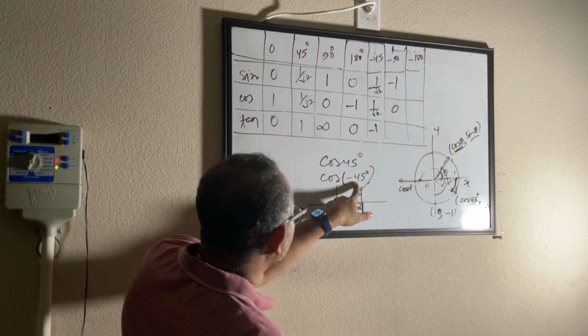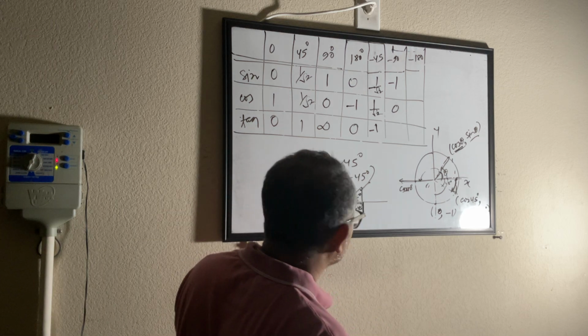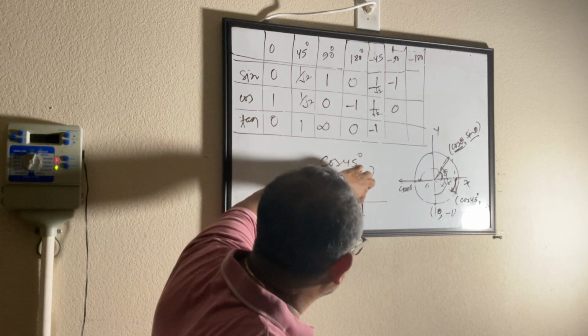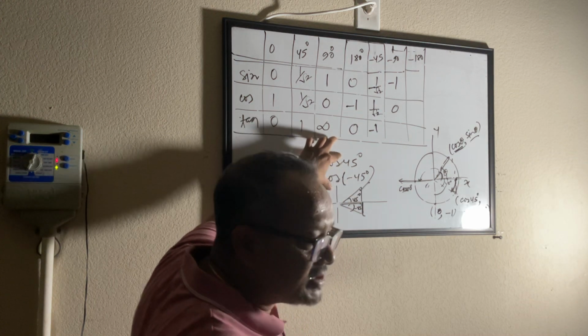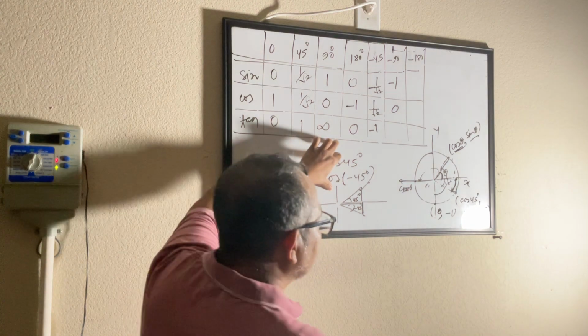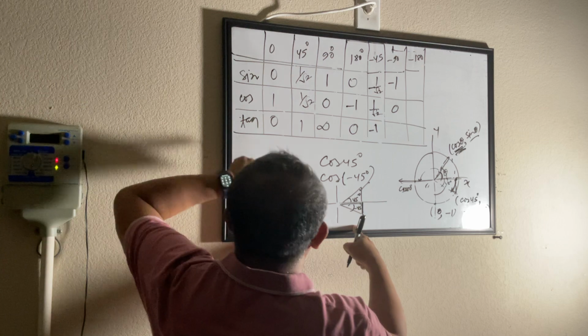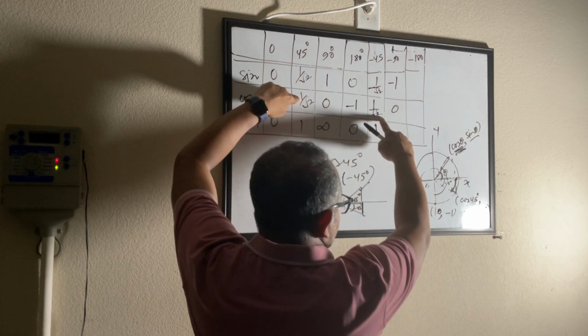So that's why, what am I doing? My bad. So the x coordinate, which is my cos theta, will not change. Both will remain the same. That's why cos 45 and cos minus 45 are the same value.